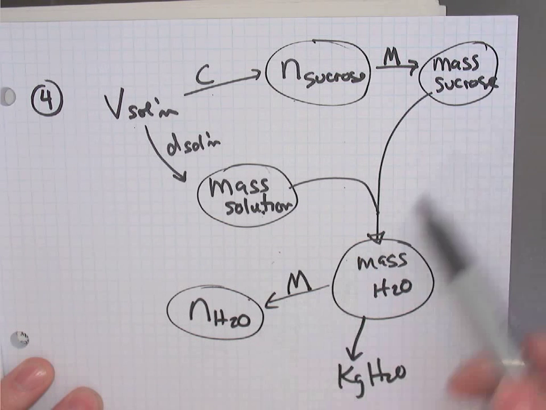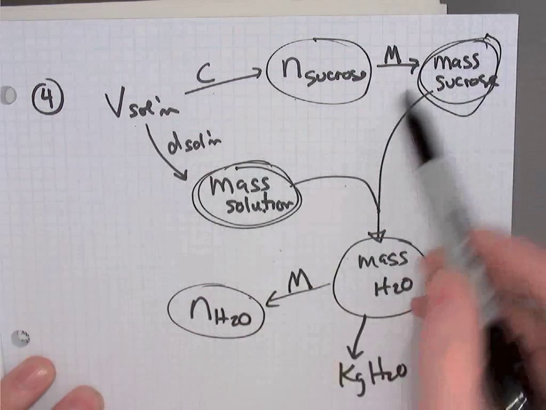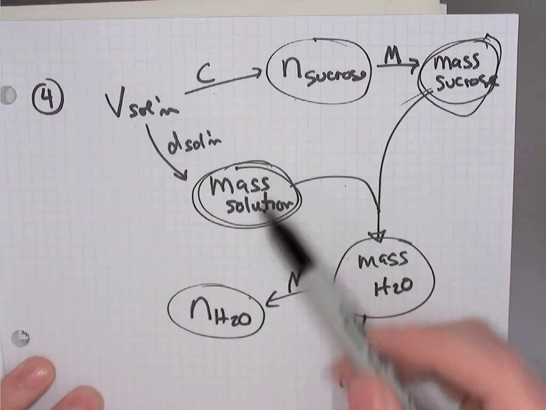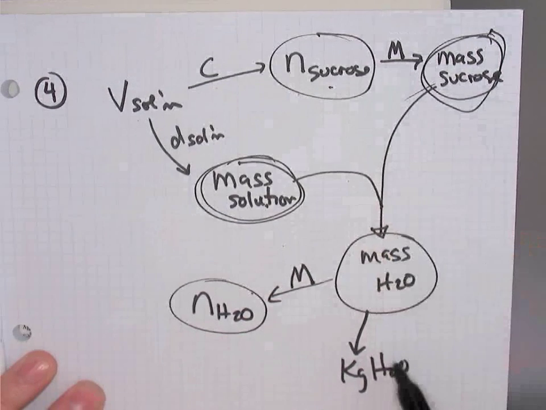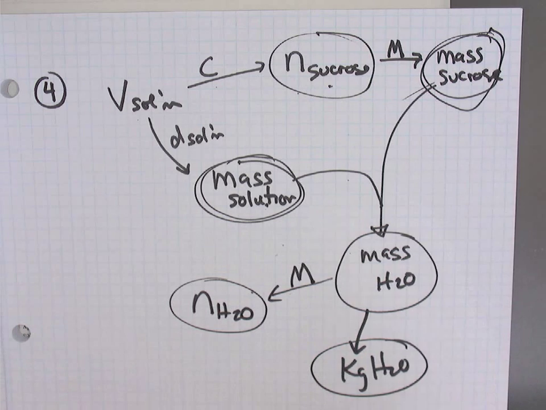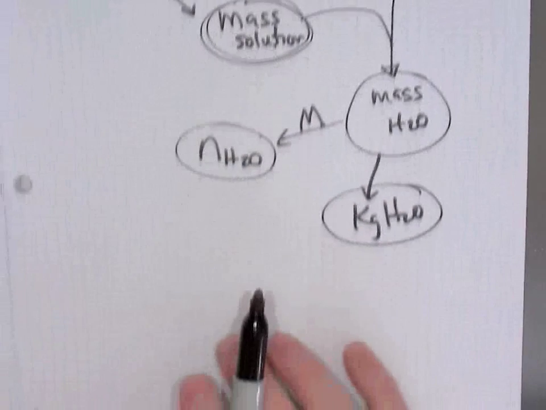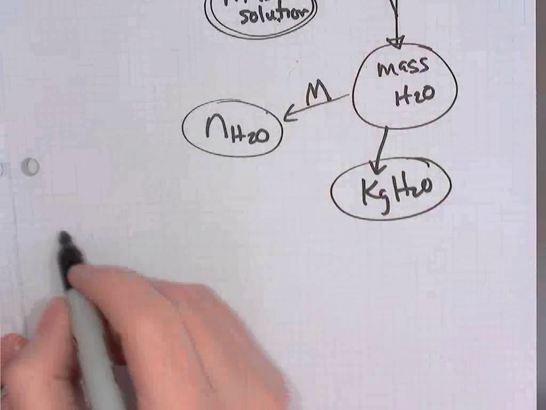Mass percent, we need the mass of sucrose and the mass of solution. So there we have mass percent. Molality, we needed the moles of sucrose and the kilograms of water. So there we have the molality. So now we've got everything we need in our plan to go find all these different types of concentration. So let's do these different things right here.